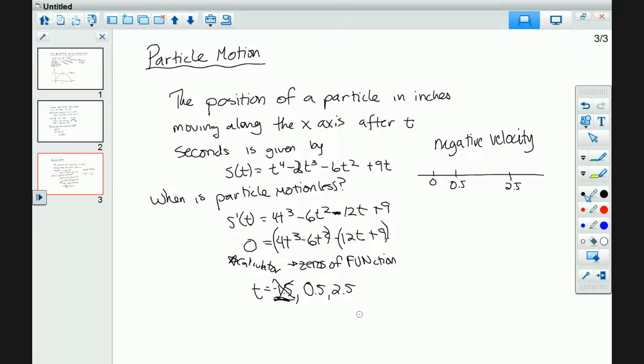I'm going to plug 0 in for the velocity function. What do I get? Positive 9? I don't even need to know the number. And I plug 1 in because it's easy. Get 4 minus 6, negative 2, and that's going to be negative. Right? And then I'm going to check 3. About 100.